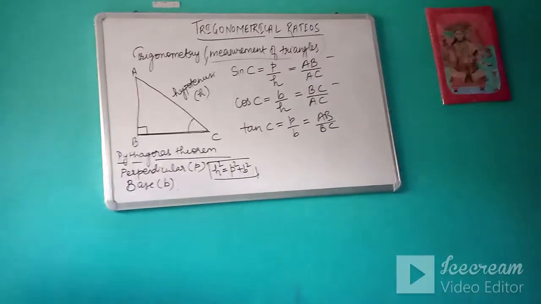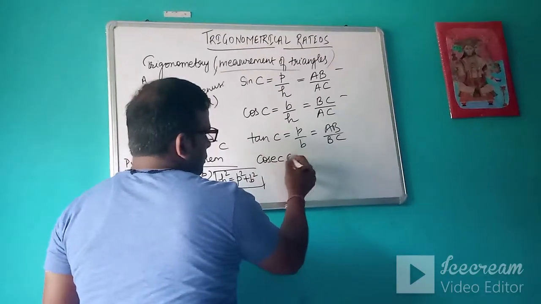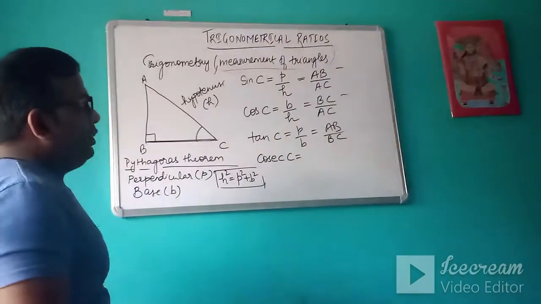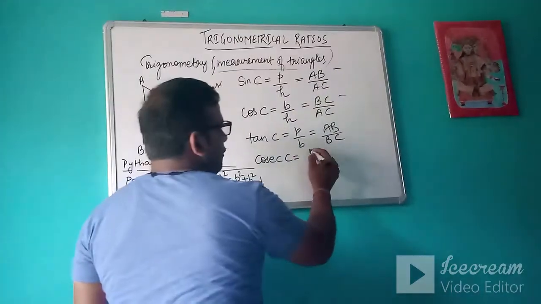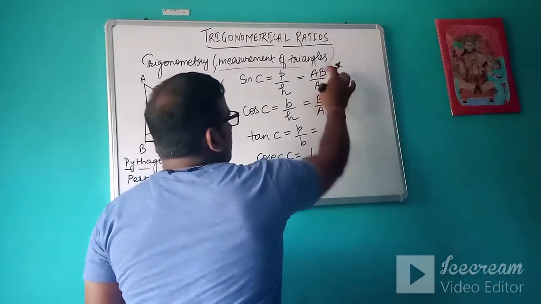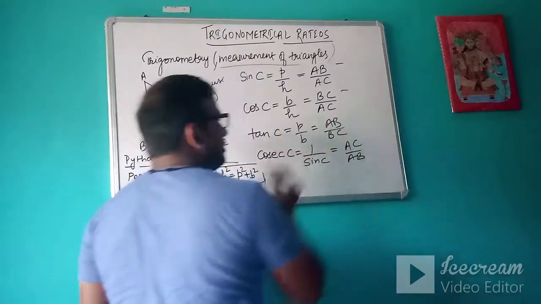Now suppose you wish to write cosec of C. If you have already calculated sine, then there is no need to calculate it one more time, because what we know is cosec is 1 upon sin C. So automatically you will write its reciprocal.